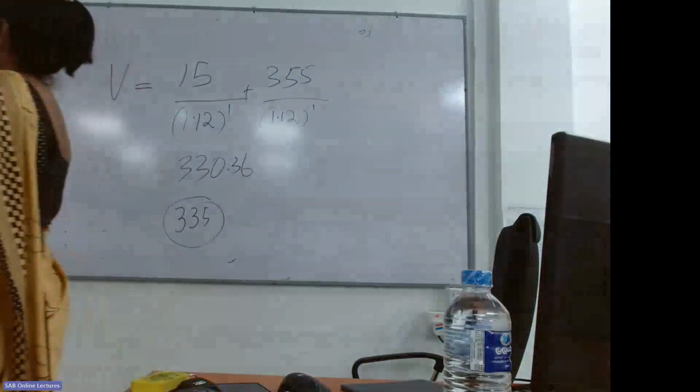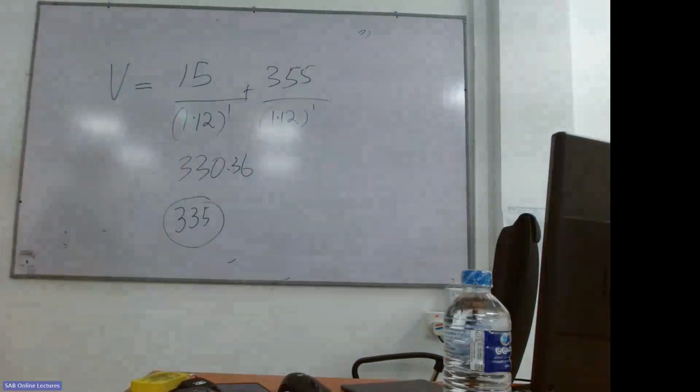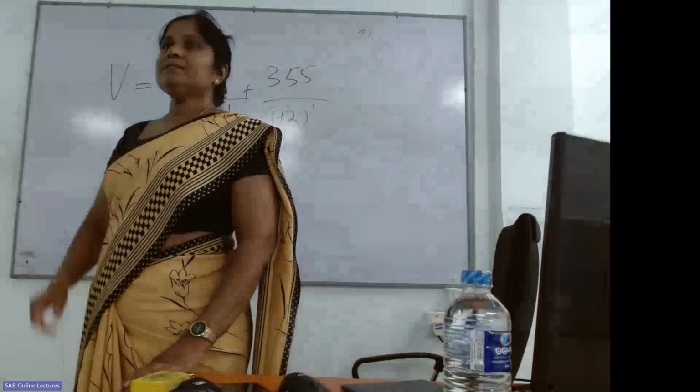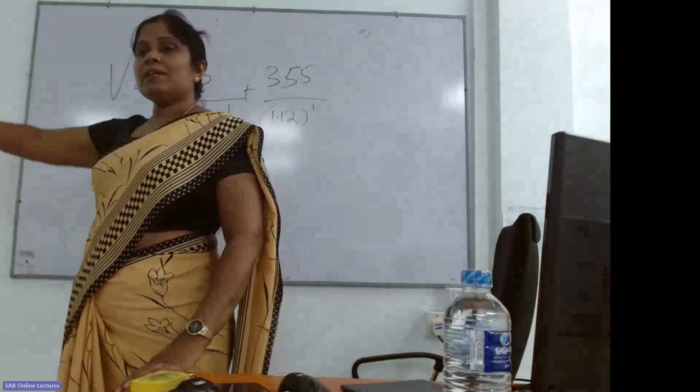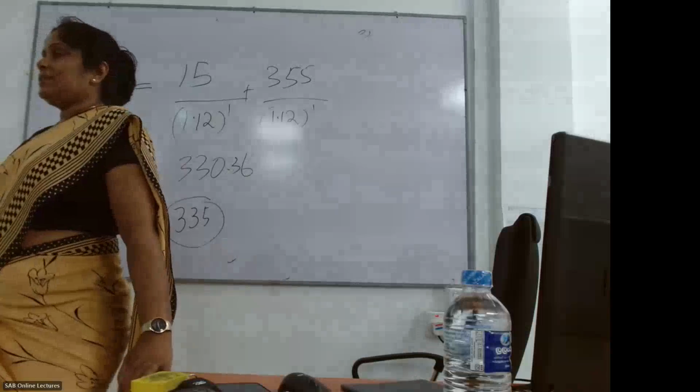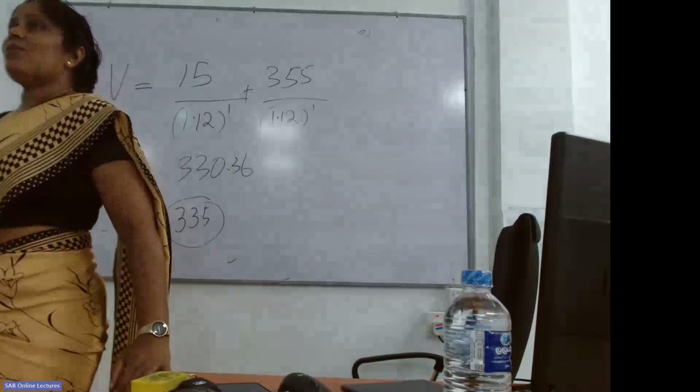Constant growth model. Next one. We call it the Gordon model. Some textbooks use Gordon because this model was founded by a person called Gordon. So therefore, sometimes we refer to it as the Gordon model.